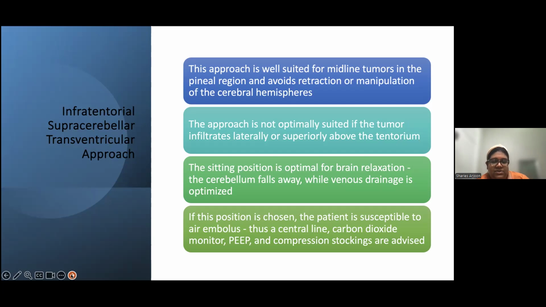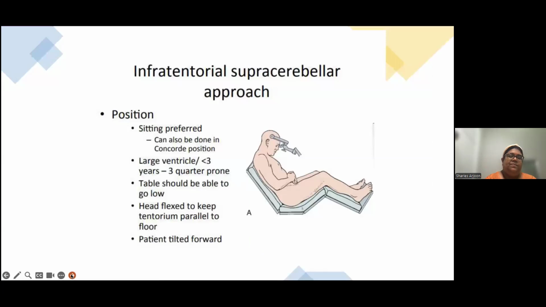If this position is chosen, the patient is susceptible to air embolus, thus a central line, carbon dioxide monitor, PEEP, and compression stockings are advised. This is how the position can be done where sitting is preferred.